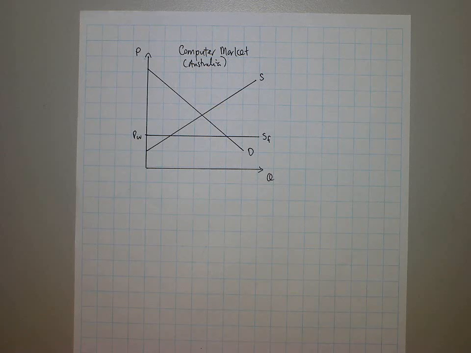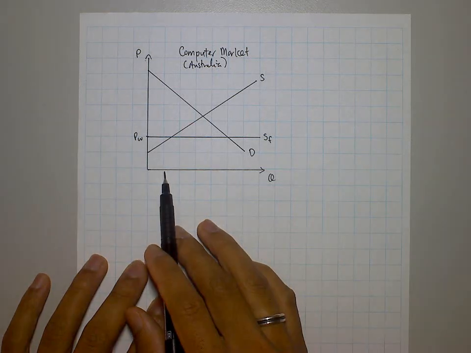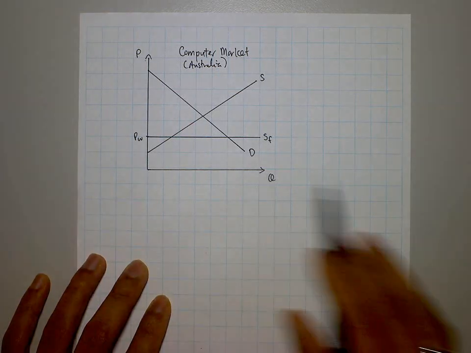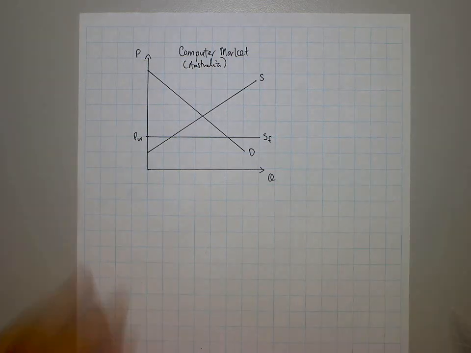And the reason why it's horizontal is because we're assuming that regardless of how much Australia wants to demand at that price, the international market can supply that. Okay, so it doesn't matter if Australia wants 1, 2, 3, 4, or 1,000 or 1,000,000 units of computers. We're assuming that the world market can satisfy that amount at that particular price.